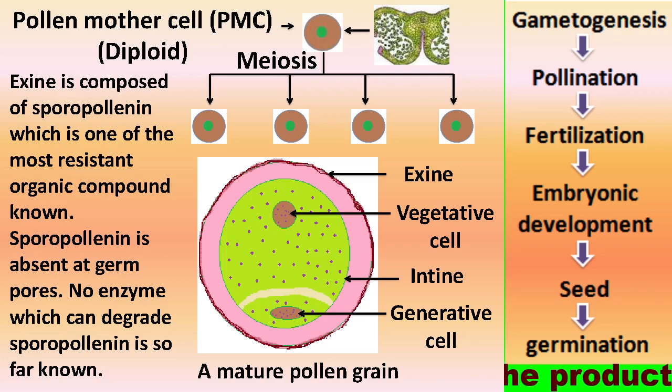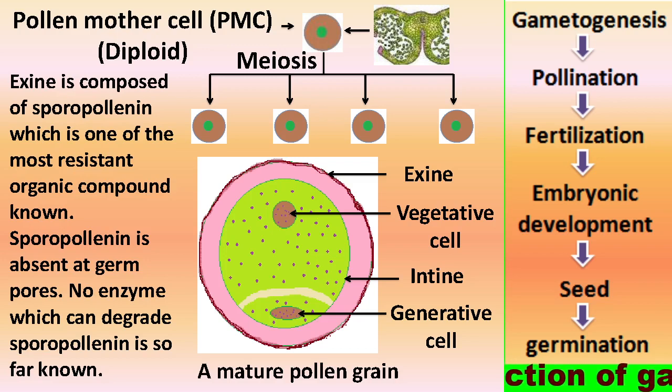Now, clear up to here what I am saying? Pollen mother cells are present in a tapetum. Where are pollen mother cells, that is the pollen grain producing cells, present? In tapetum.